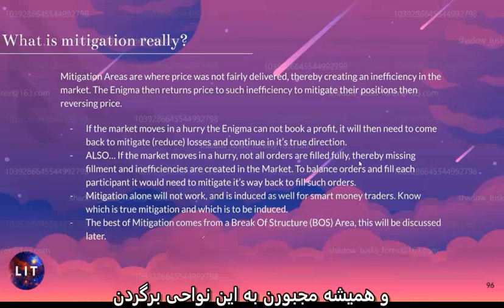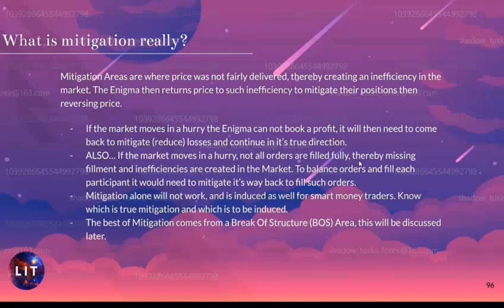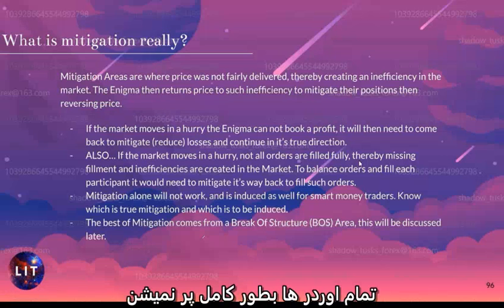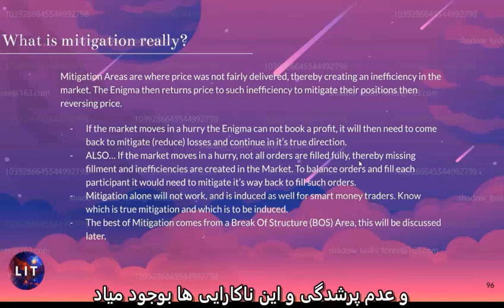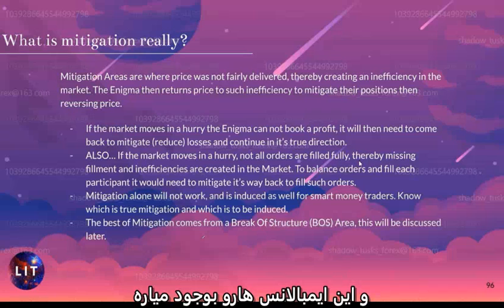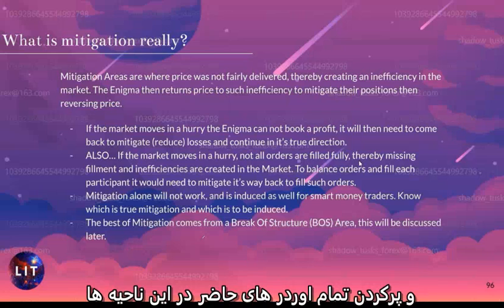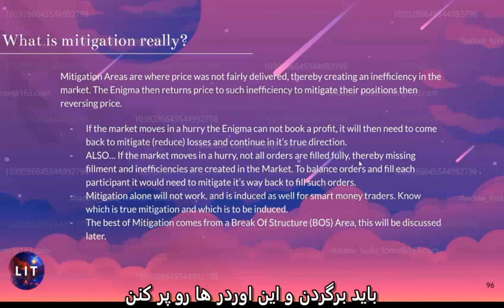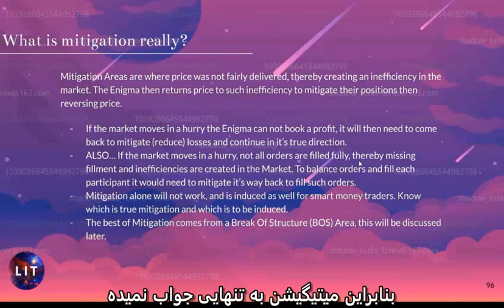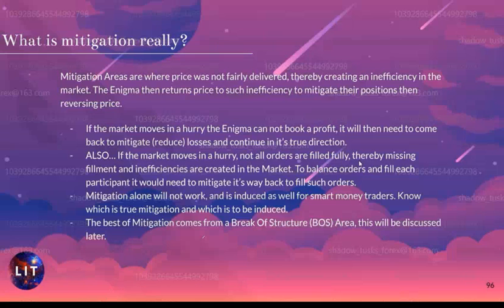That's why they happen, and they need to come back to these areas to fairly deliver price. Also, if the market moves in a hurry, not all orders are filled fully, thereby missing fulfillment, and again creating these inefficiencies and imbalances. To balance orders like that and fill each participant in these areas, they need to come back and fill these orders.